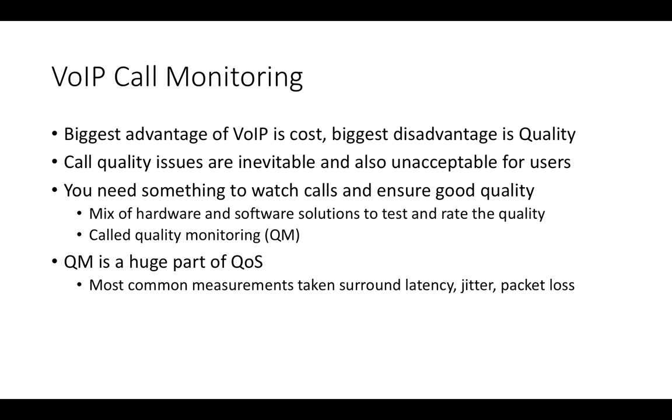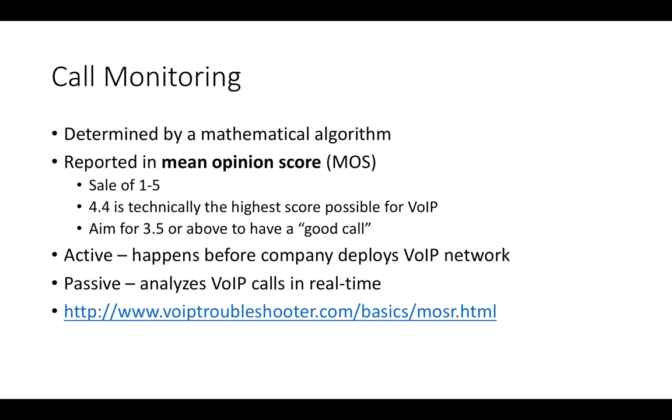There's a lot of different call monitoring or quality monitoring software out there. You'll see that referred to as just QM software. Call monitoring typically relates the quality of the call and something called the mean opinion score. So it's a scale of 1 to 5, where 4.4 is technically your highest value you can get for VoIP.